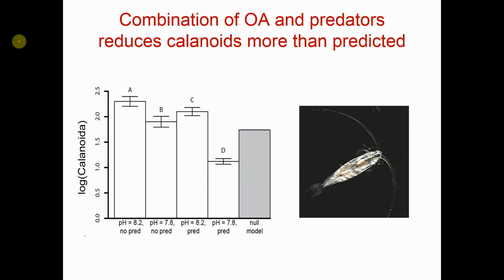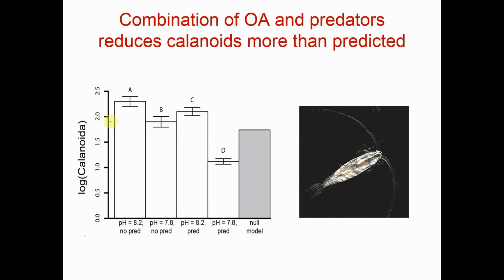And what I found was, for some species, in this case calanoid copepods, a combination of ocean acidification and predators reduces calanoids much more than predicted. So each of these figures is going to take the same form. On the x-axis, we have the experimental condition. And on the y-axis, we have the log abundance of different species.